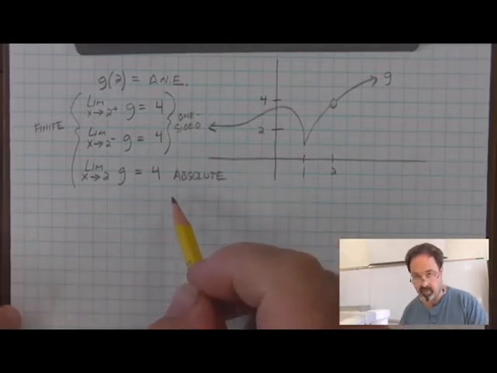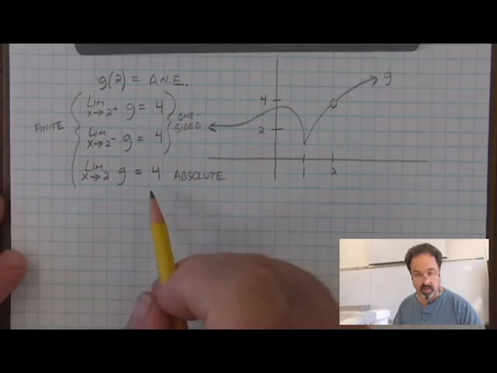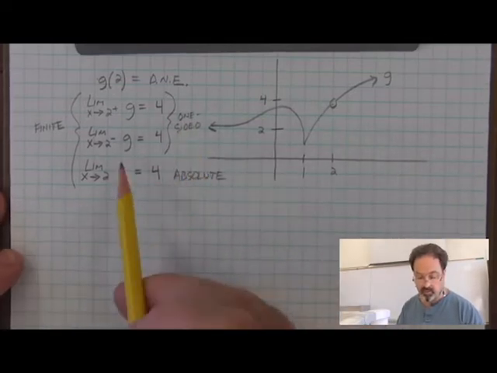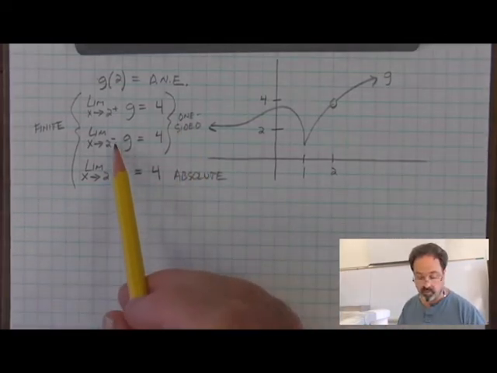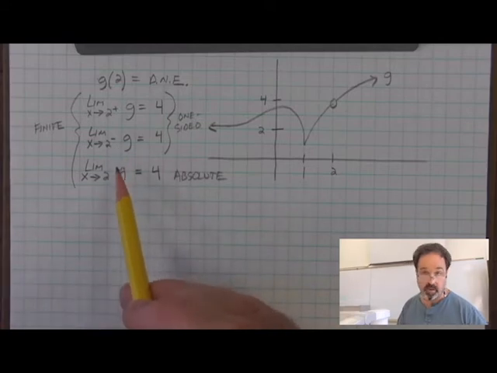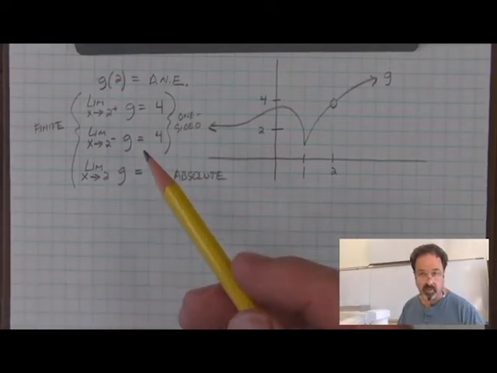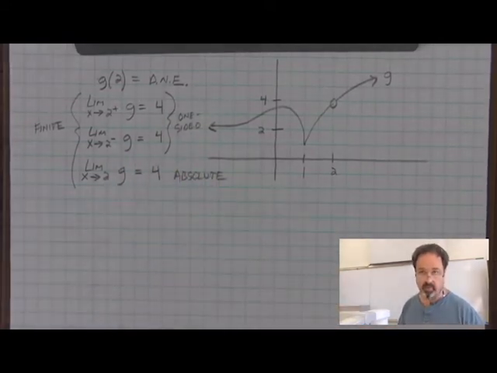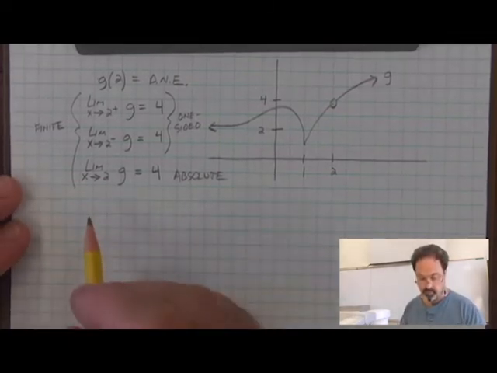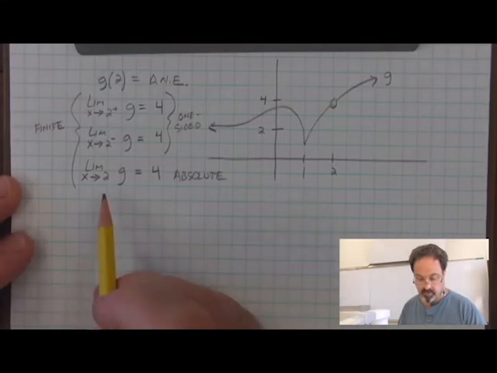And when you ask a finite limit question and you don't specify whether it's coming from the right or left, it's implied that it's an absolute limit. So if I was to vocalize the question, what is the limit at g, it's implied that I'm asking what is the absolute limit at g. There are finite limits, and these are their types.